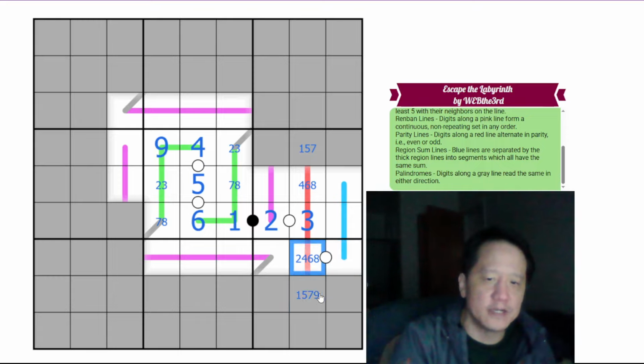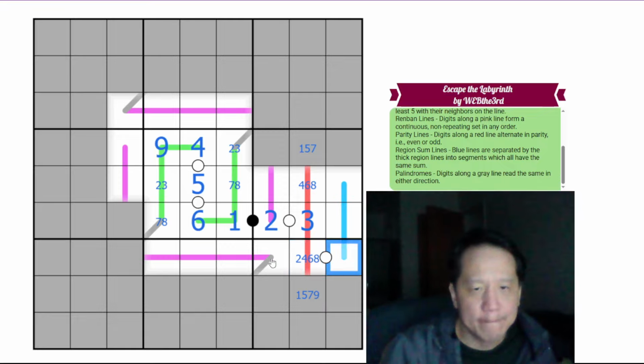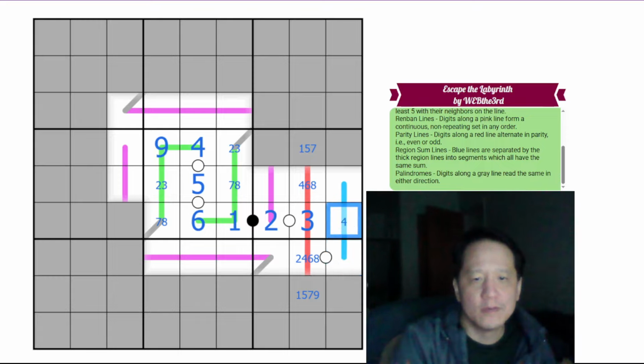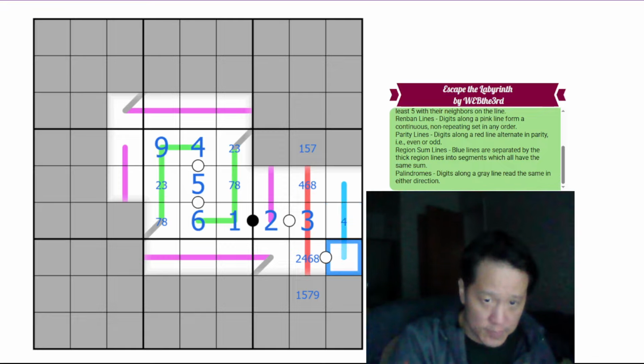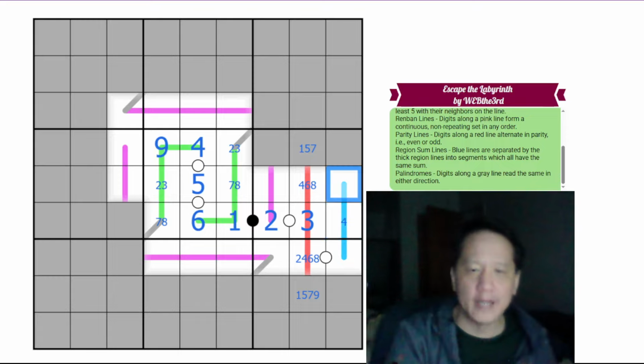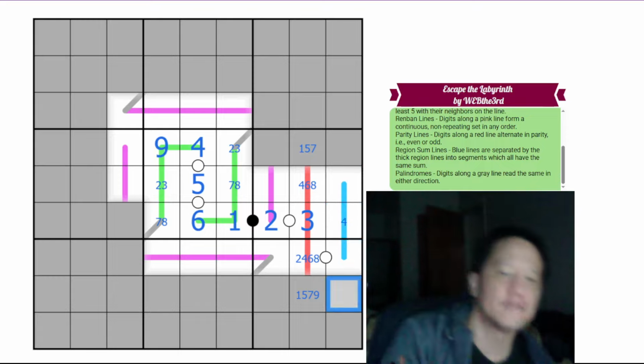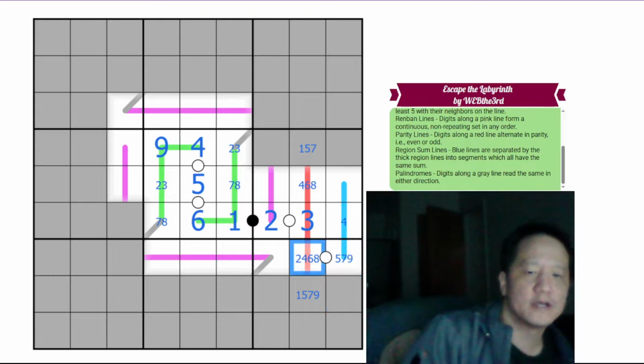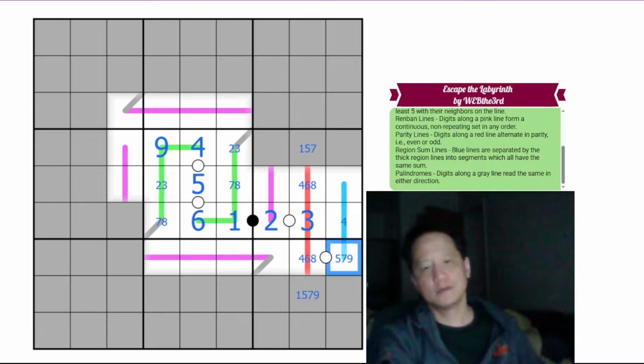This digit's consecutive with an even digit, so this is at least 4 here. So this must be an odd digit because it's consecutive with an even digit, and it cannot be adding up to less than 5. So this has to be 5, 7, or 9, which means it can't be 2.